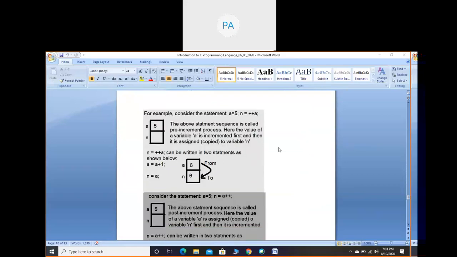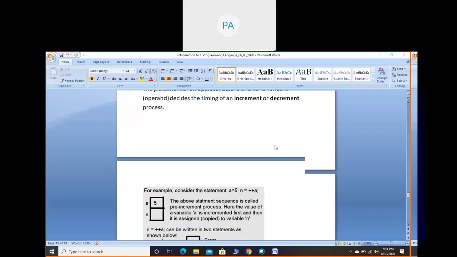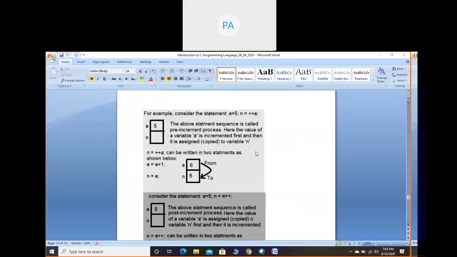Okay, so yesterday we discussed operators, that is, operator classification based on the number of operands used in an expression. That included the increment operator and the decrement operator. We will once again discuss the pre-increment process of the increment operator.